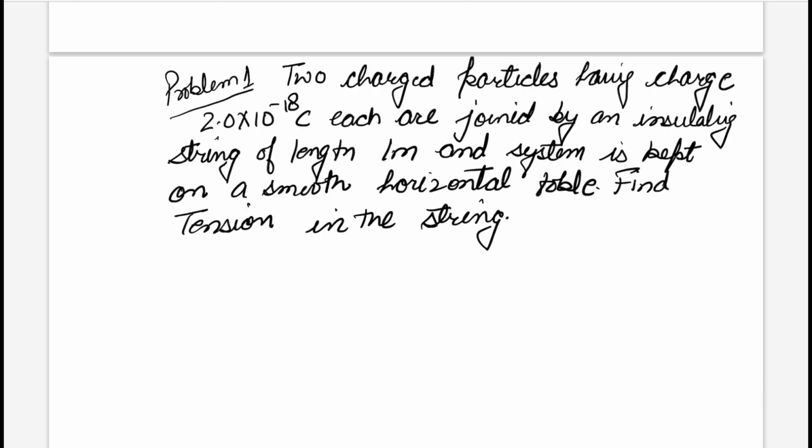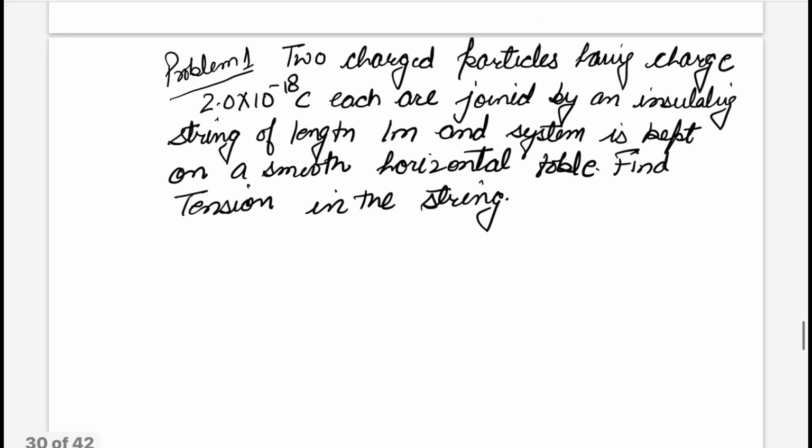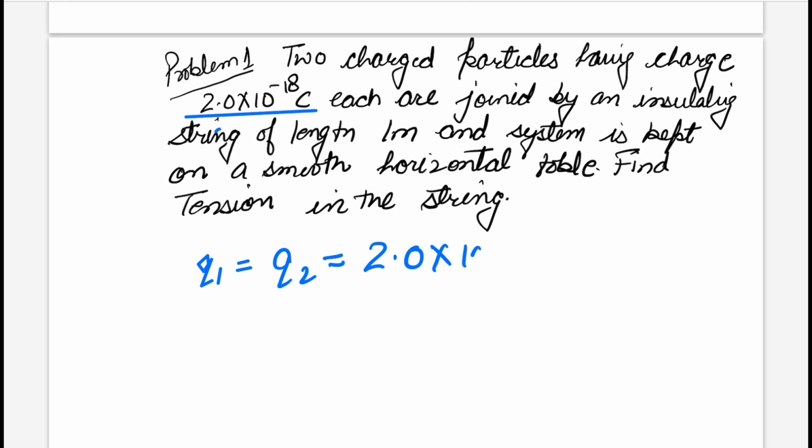Let us discuss the first problem. The first problem says that there are two charged particles having charge, this is the value of charge. Both have the same charge. So we know that Q1 is equal to Q2 is equal to 2 into 10 raised to power minus 18 Coulomb.